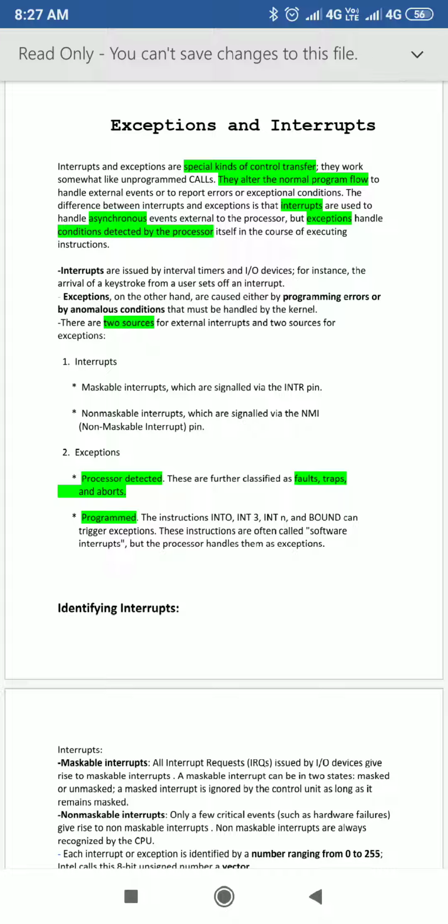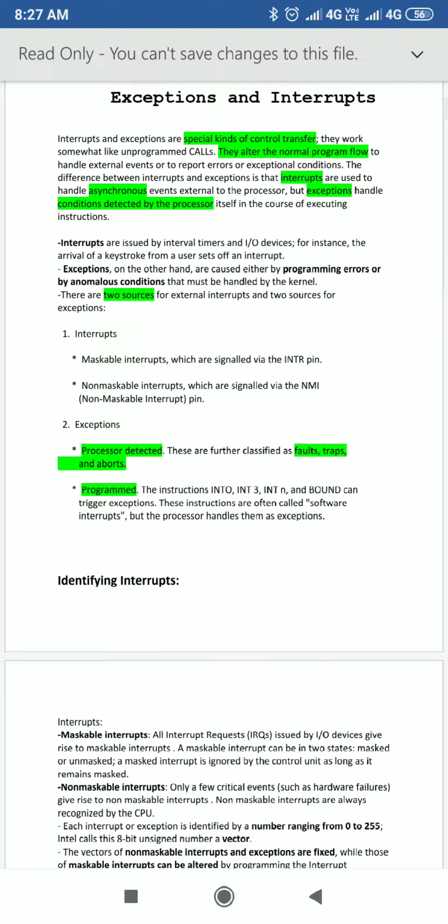Hardware interrupt is further divided into non-maskable interrupt and interrupt. Software interrupt is a programming exception ranging from interrupt 0 to 255. And error condition means any kind of error, like divide by 0.